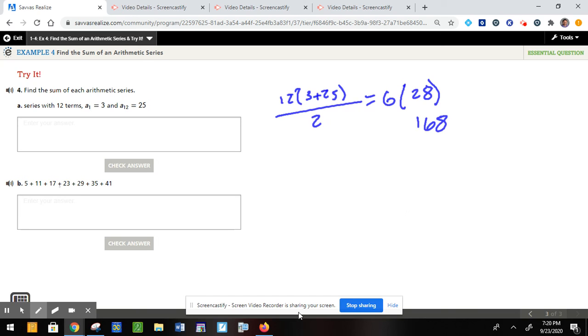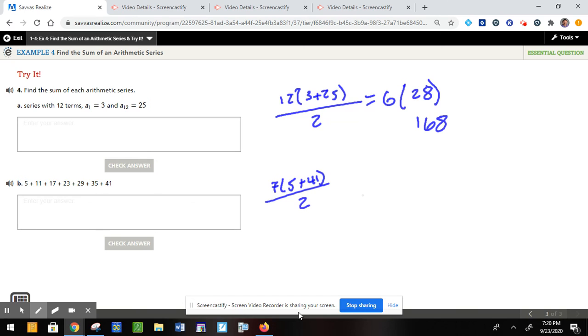Okay. Looking at the other set of numbers, again, you could just add them all up, but let's use the formula that we just learned about. First term is 5. Last term is 41. There are 1, 2, 3, 4, 5, 6, 7 terms.